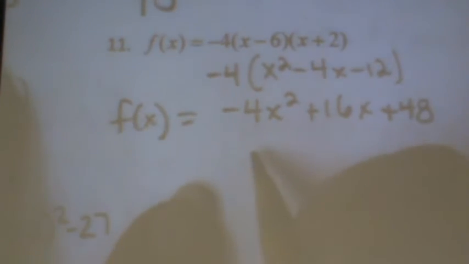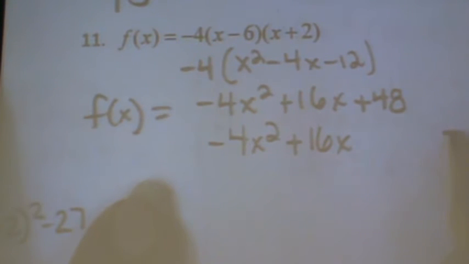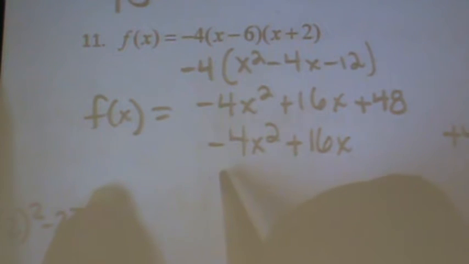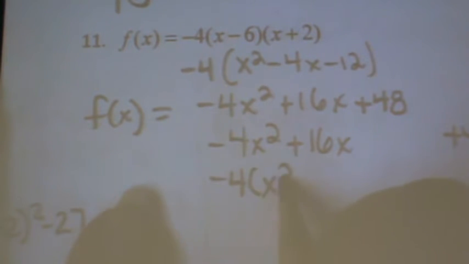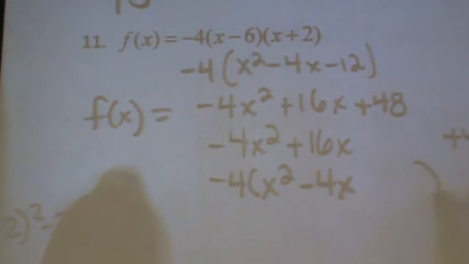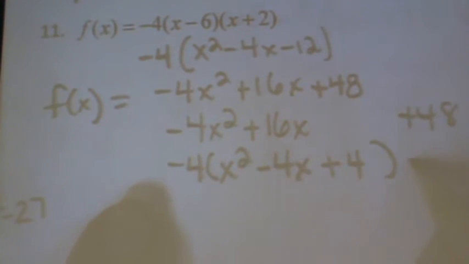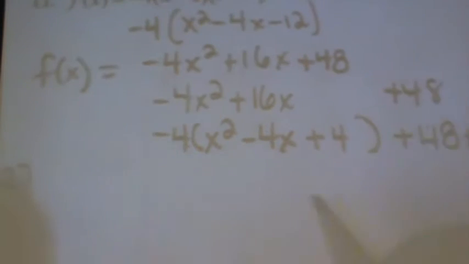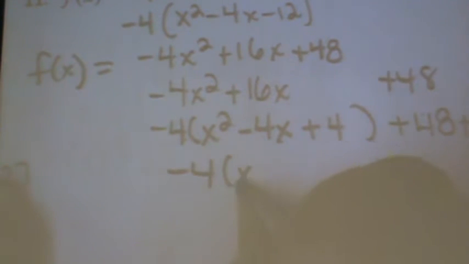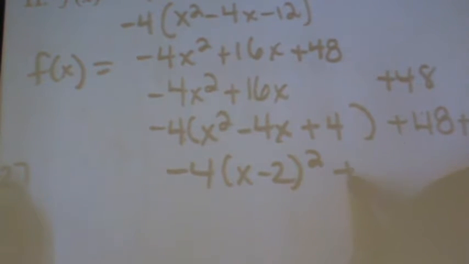We're going to slide 48 over. We're going to factor out a -4. You're going to take half of that and square it, which is 4. Really, we added -16, so we're going to add a 16. Can you factor? You get x minus 2 squared, and this is 64.